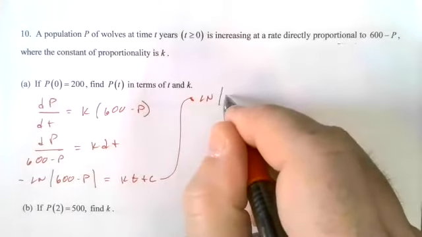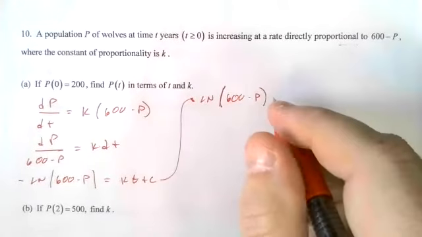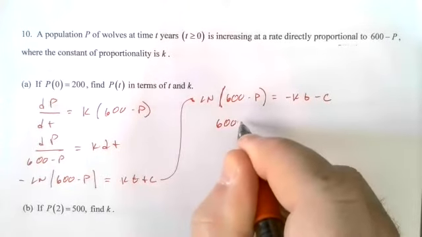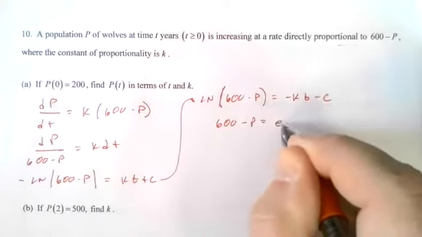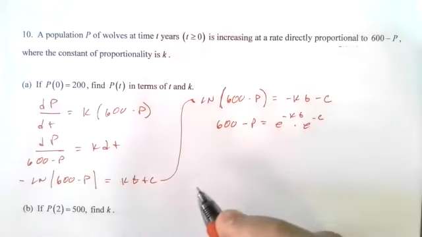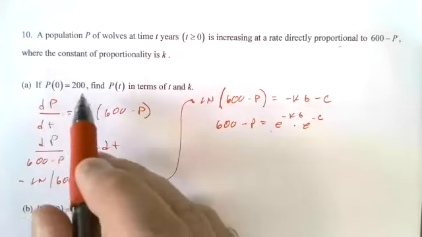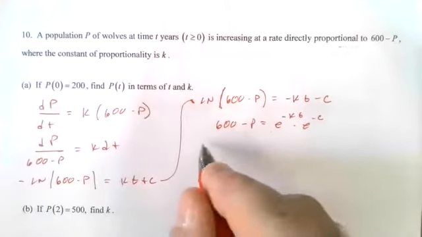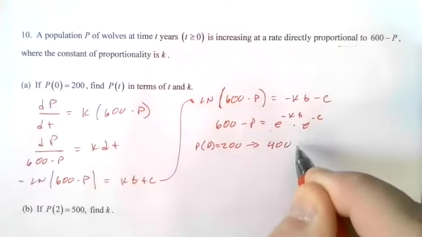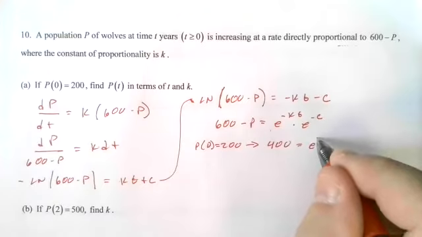ln of 600 minus P equals negative kt minus c. 600 minus P equals e to the negative kt times e to the negative c, which I really should have put out front. All right, we've got to figure this out. P naught equals 200. So we get 400 equals e to the negative c, if I'm not mistaken.